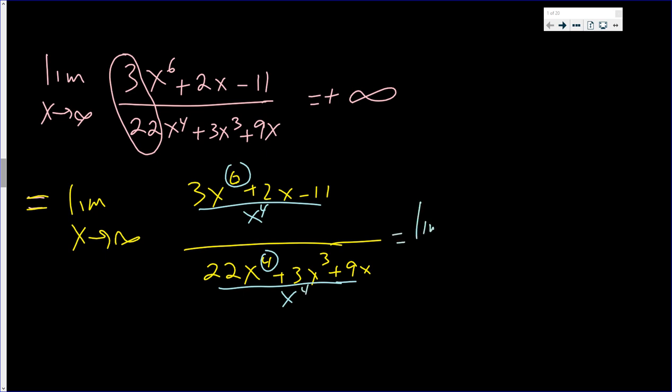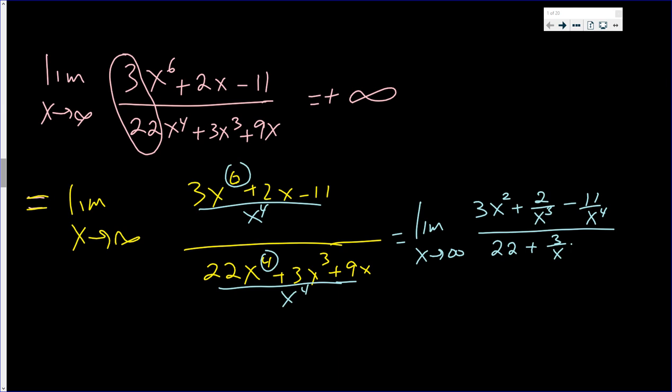We get the limit as x approaches infinity of 3x squared plus 2 over x cubed minus 11 over x to the 4th. That's the numerator. The denominator is 22 plus 3 over x plus 9 over x cubed.